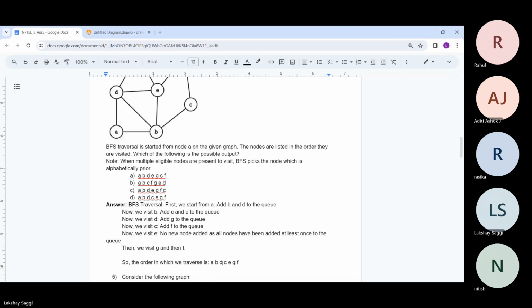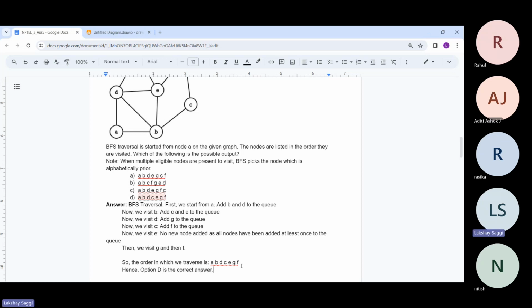And this A, B, D, C, E, G, F is nothing but the option D. So option D is the correct answer.